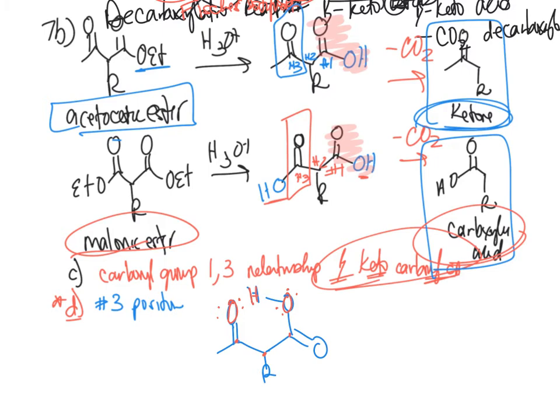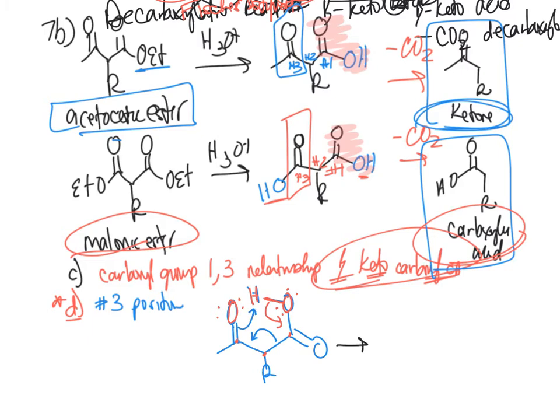If you look at that as a ring, what happens is this OH, those electrons are going to go here, and then these electrons go here, and then this goes here.